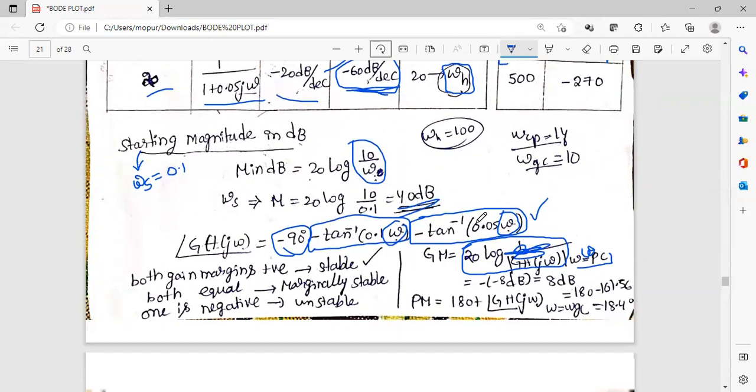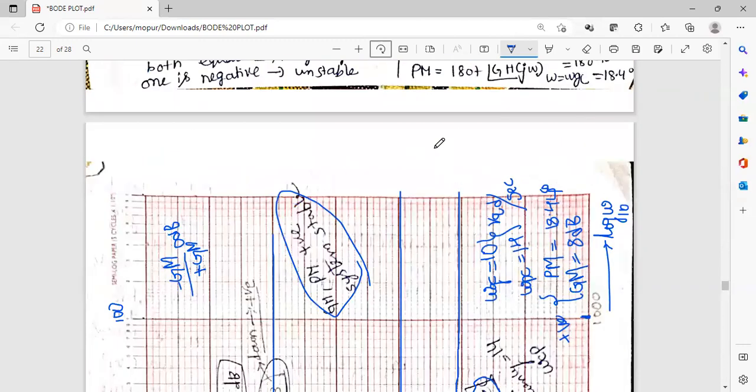So you can find the gain margin by using the magnitude in decibels, 20 log of GH of j omega.